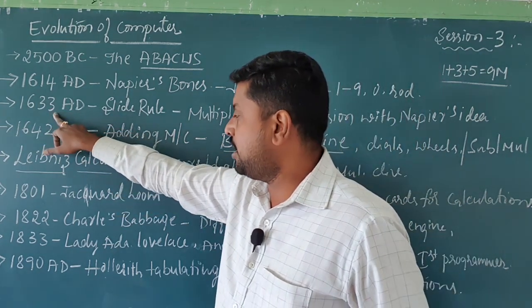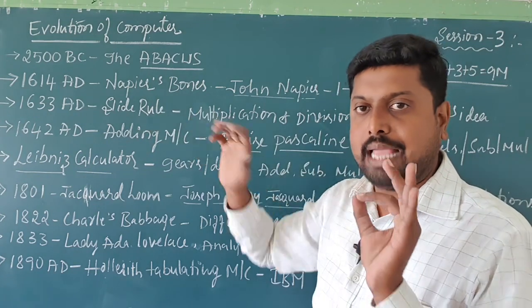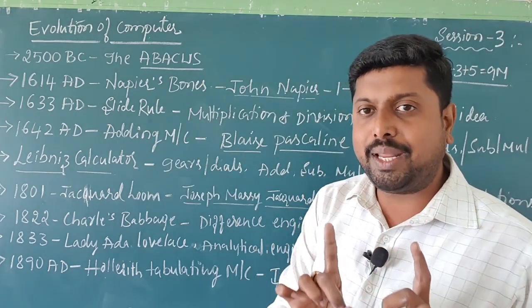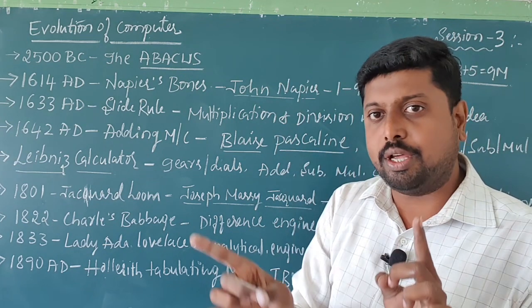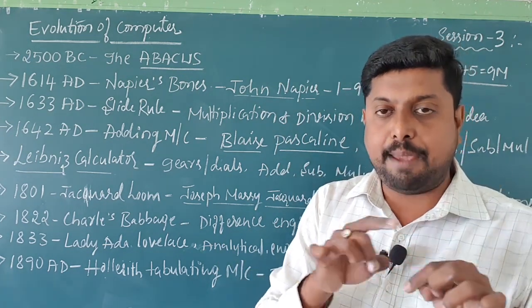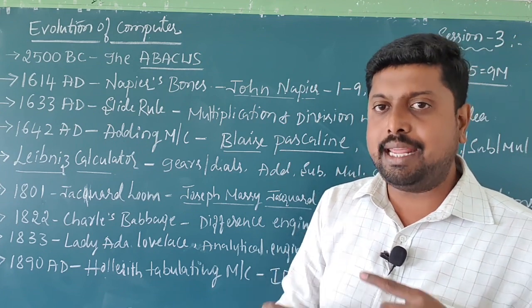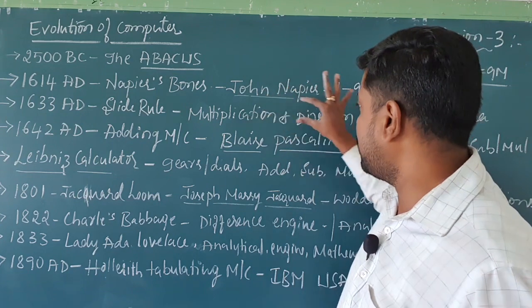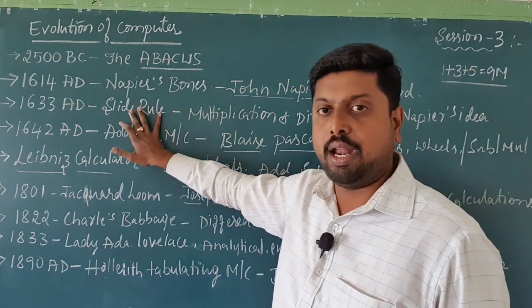In 1633 AD, slide rule is used for calculation, especially multiplication as well as division, with the help of addition and subtraction by Napier's ideas. John Napier was a scientist. With his ideas, these calculations, multiplication as well as division, were performed.